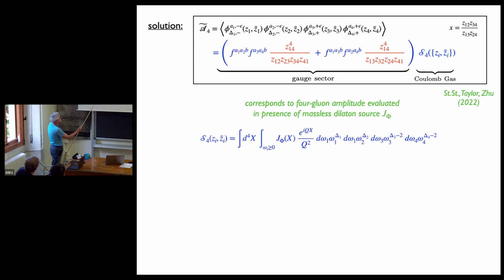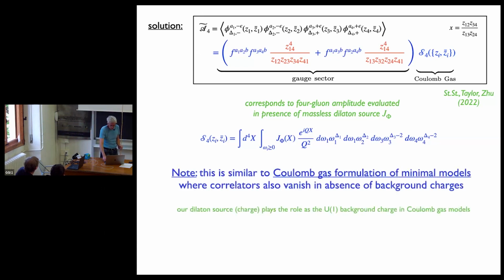So you have this dilaton source introduced with this J, and then there's a plane wave factor for the dilaton, and this solution can be parameterized in terms of this integral. It will become more clear in a moment.